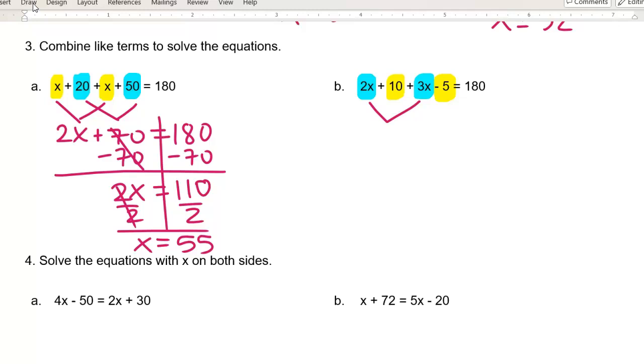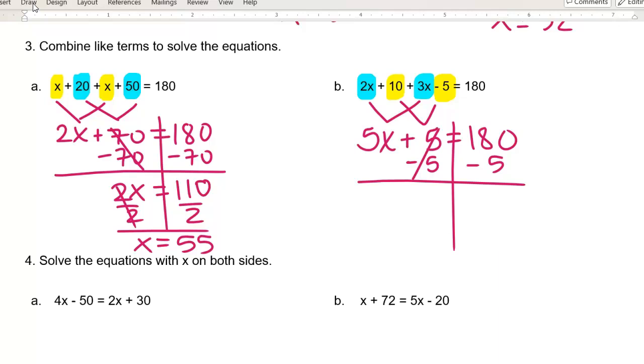3x plus 2x. 3 plus 2 is 5, so that becomes 5x. 10 and minus 5 becomes 5. I'm going to keep the 180 at the back. And then again, the steps are just like in problem 2. We'll minus to undo the plus, divide to undo the times.